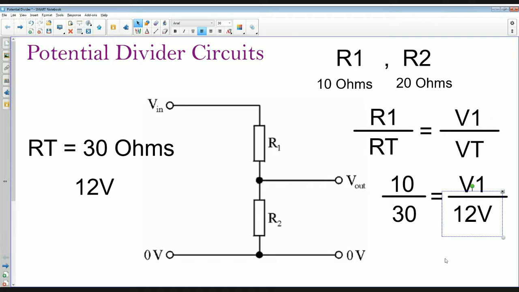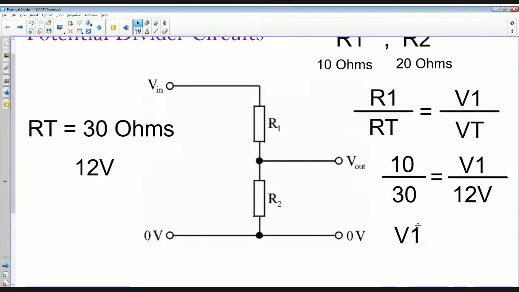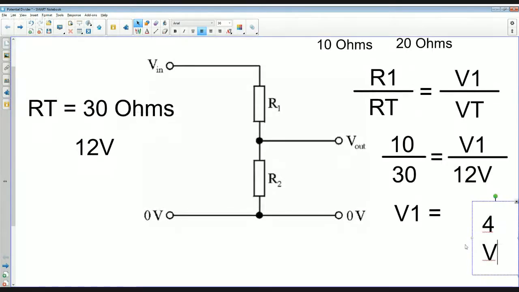We can do the simple calculation. This is just 1/3 of 12 volts. Therefore V1 equals 4 volts.